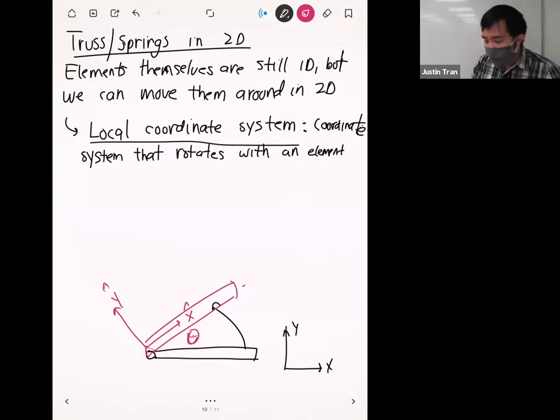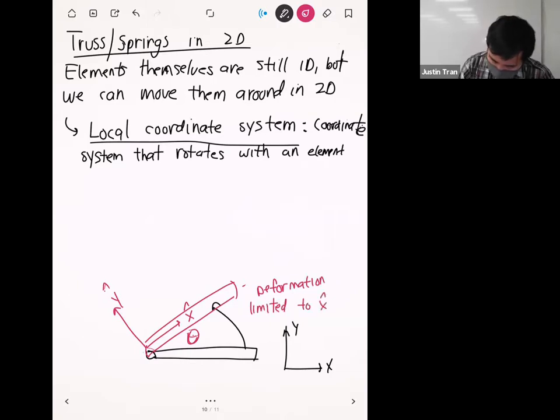Right. And so when we're forming the element stiffness matrix for this rotated element, if we do it in terms of the local coordinates, then we can say that the deformation is going to be limited to the X hat direction, okay? Because the X hat direction defines tension and compression for that element.